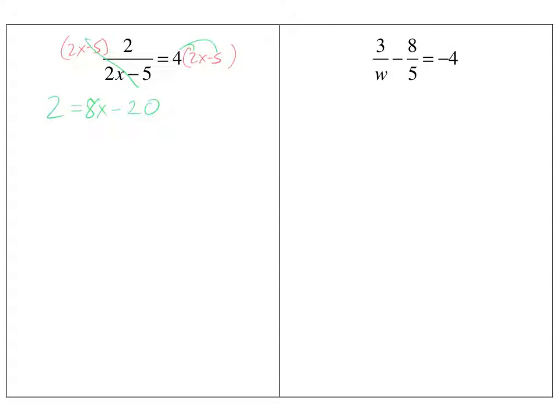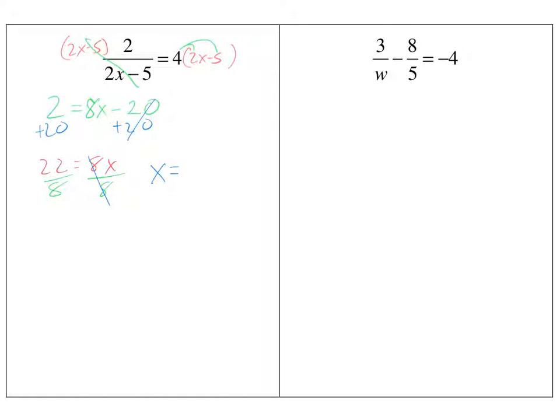Again, you could have done a proportion, put a 1 underneath here, cross multiply, or you could simply multiply both sides by the denominator. So to solve this, I'm going to get rid of the 20. So I'm going to add the 20 over. So then I get 22 over here equals 8x. Get rid of the 8 by dividing it off.